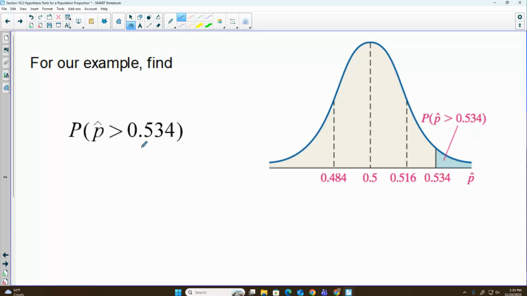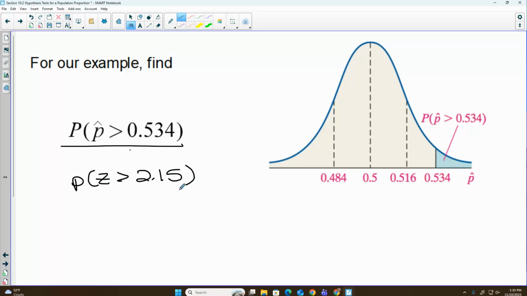So in this particular scenario, if we are doing the p-value approach, we would have to find the probability that our p-hat was greater than the 0.534. And isn't that something you would have had on your last test? Yeah, you get your z-score, which we just did. What did we get?